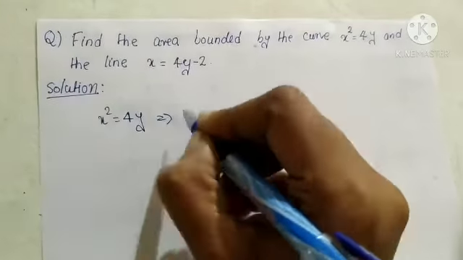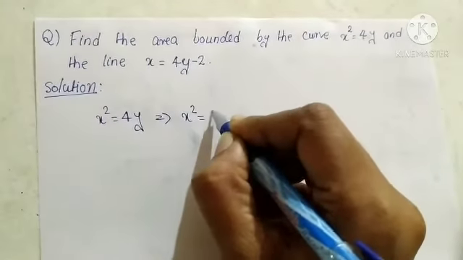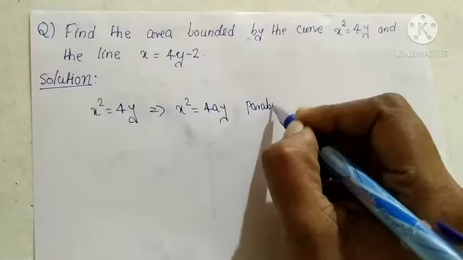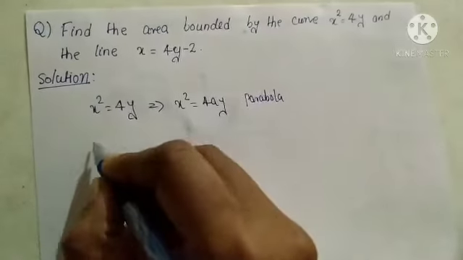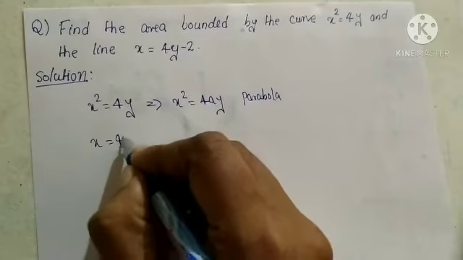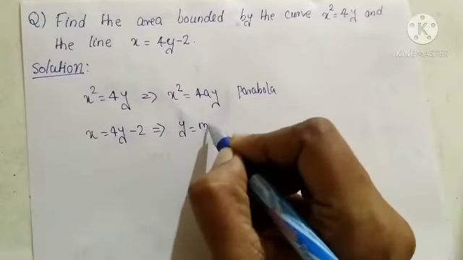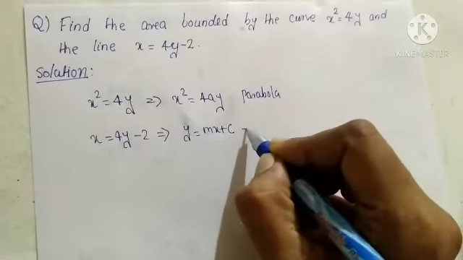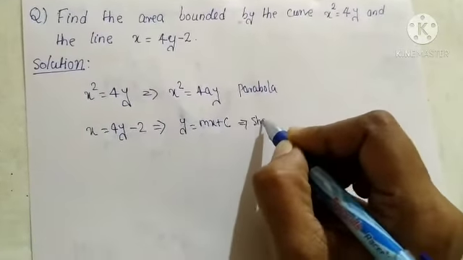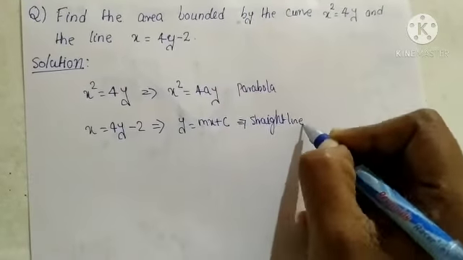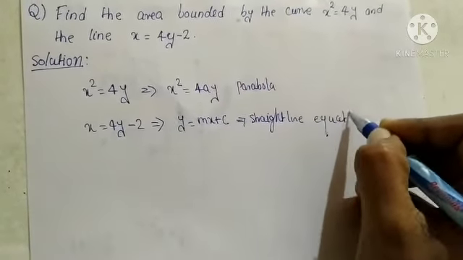This is in the form of x squared equal to 4ay, so this is a parabola equation. The next curve is x equal to 4y minus 2. This is in the form of y equal to mx plus c, so this is a straight line equation.